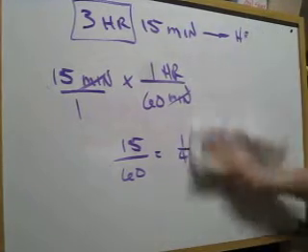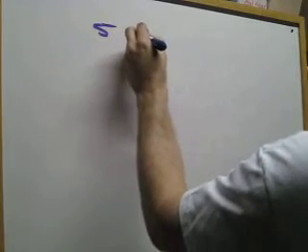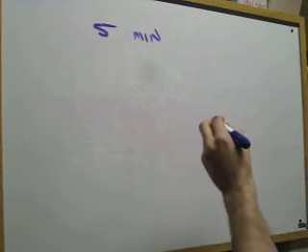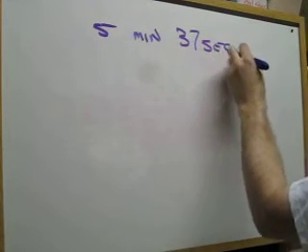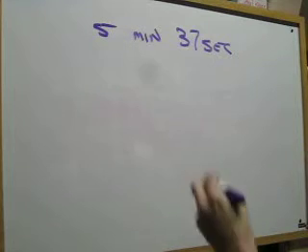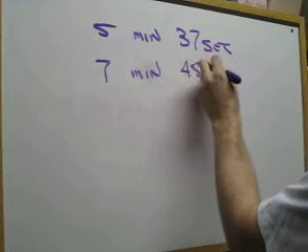The next part, part B, is addition and subtraction of mixed units. We're going to stick with time here. They want us to add 5 minutes, 37 seconds to 7 minutes, 45 seconds.